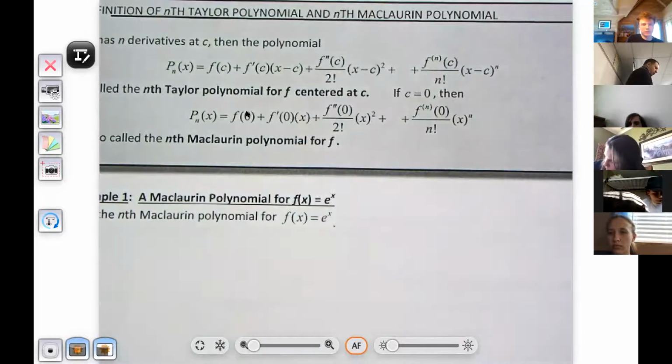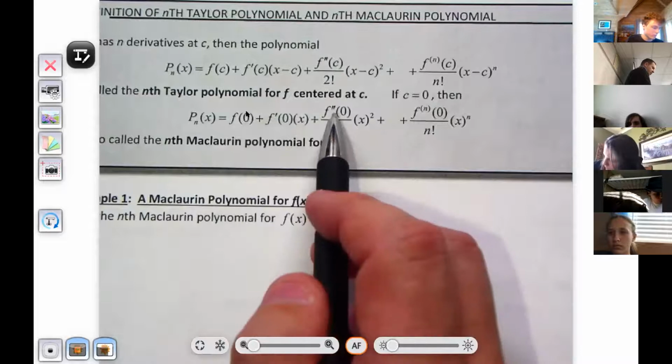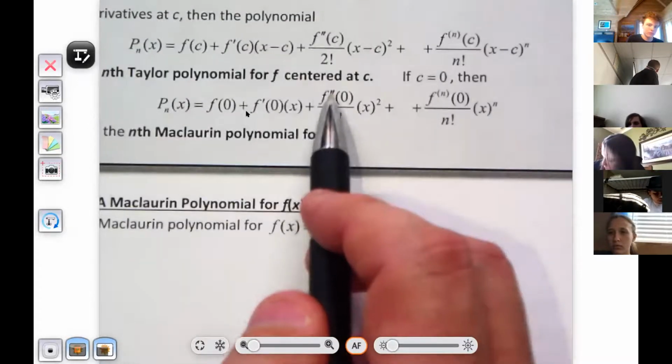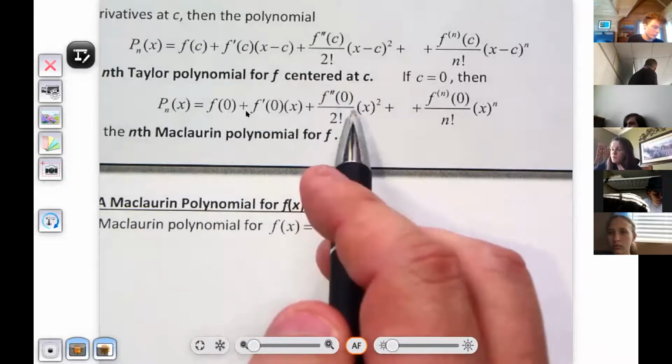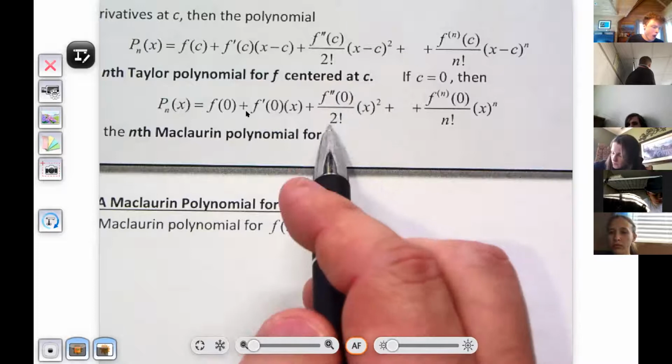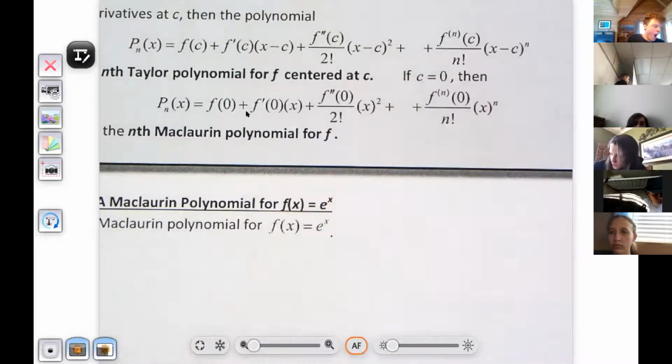If you look out here to the second derivative, we need the second derivative of our function. That corresponds with x squared, and it's divided by 2 factorial. All the 2's go together. Second derivative, it's x squared, it's over 2 factorial. Third derivative, it's x cubed, it's over 3 factorial. They all match up, which makes these things pretty nice to work with and pretty easy to remember.